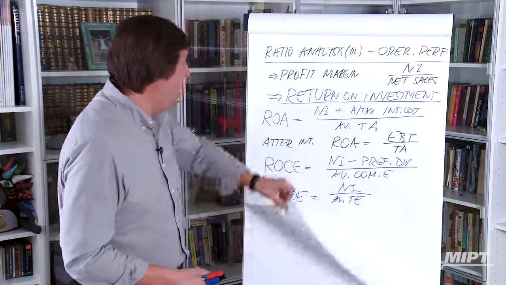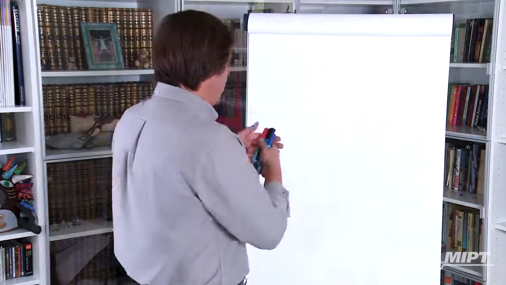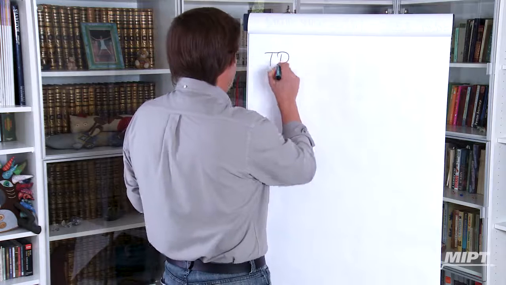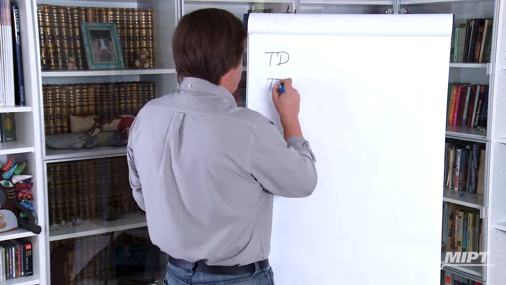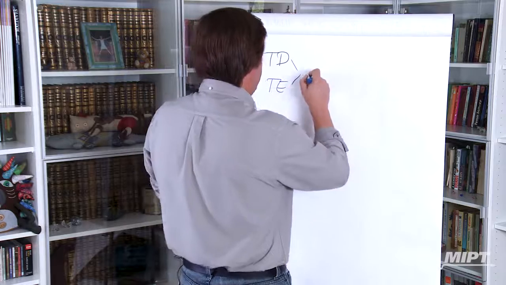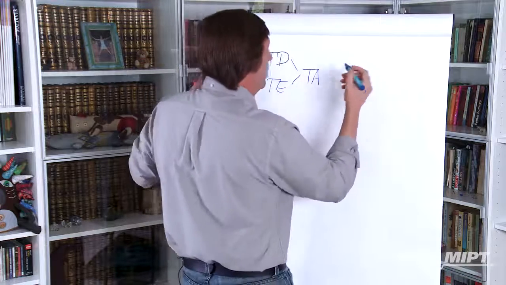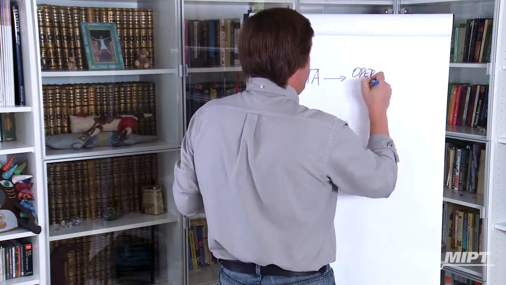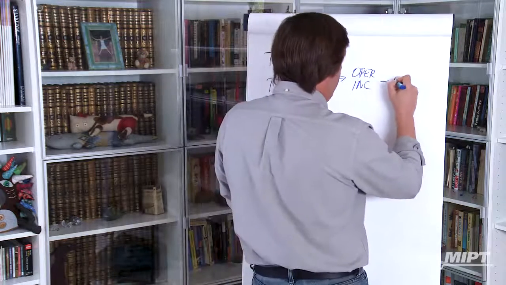So on the next page, I'd like to show a simple diagram of how all that gets combined. So here we have total debt, and then here we have total equity. Taken together, that gives us total assets. Now these total assets produce some operating income, like this. Then from here we subtract interest.